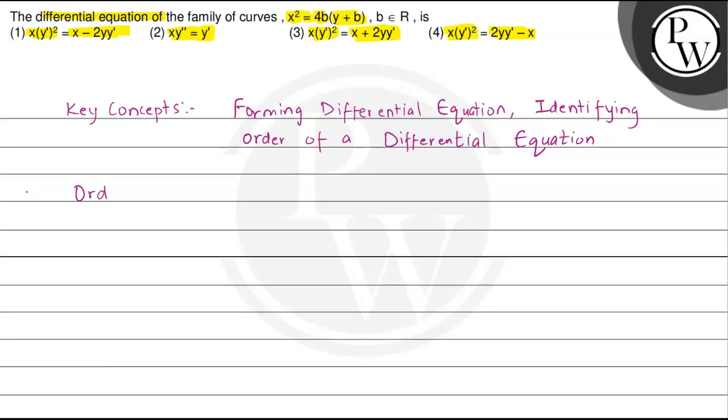Forming a differential equation is highly case specific, whereas for identifying the order: the order of a differential equation, I'm representing differential equation by capital DE, is equal to the number of arbitrary constants in the equation.